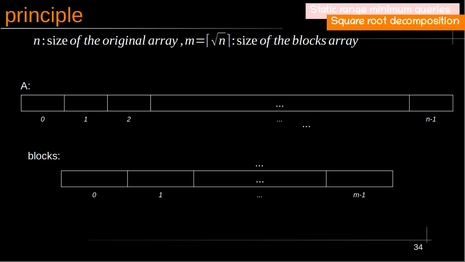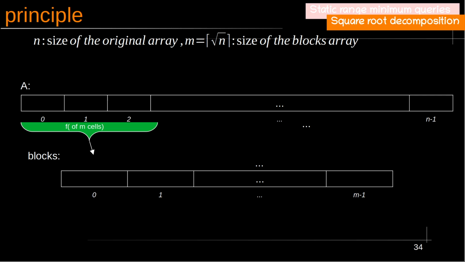So we divide the original array into blocks of m cells, and we apply the function f on those m cells and store it in the blocks array.